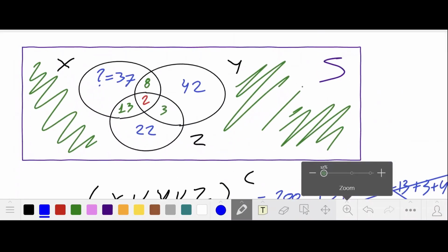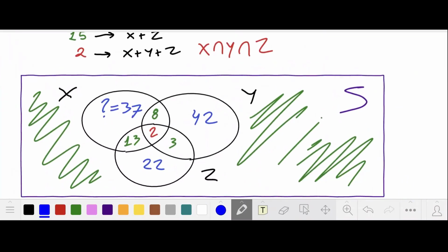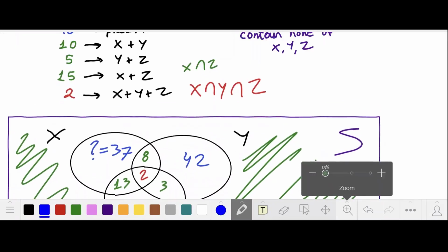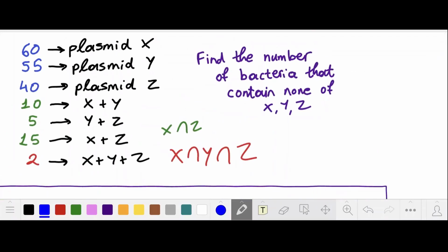In fact, we do not need to construct a graph in order to solve this problem, because thanks to the inclusion-exclusion principle, we have a closed formula in order to find the final solution.